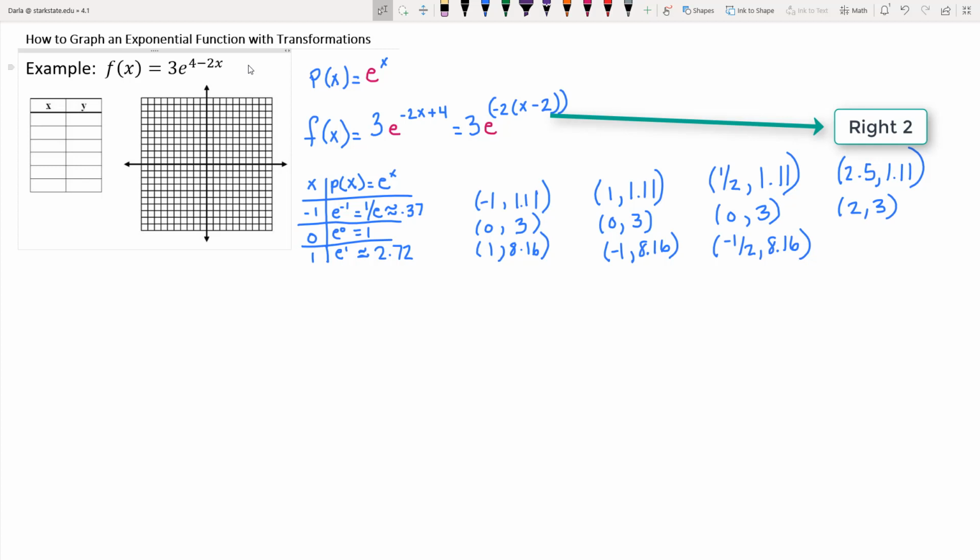And then add 2 to negative 1/2 and I'll get 1.5. And then 8 and 16/100ths. And so that takes care of all of the different transformations I have. So those are my final points, which I can put in my table here as my 3 key points. So I'm just going to rewrite them, and then we would just graph them.